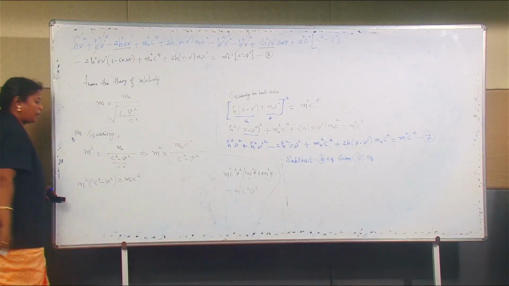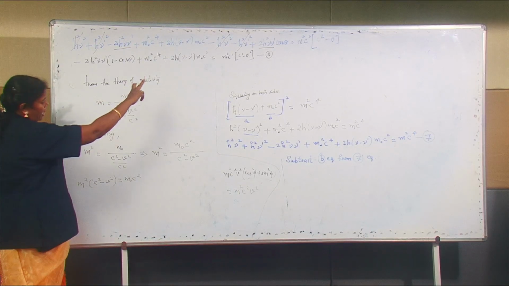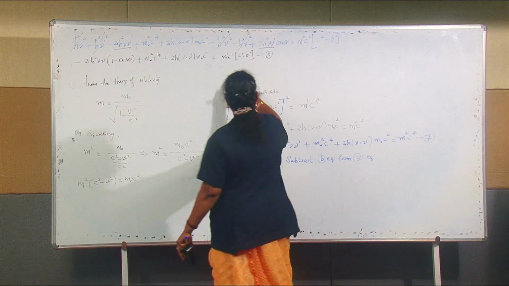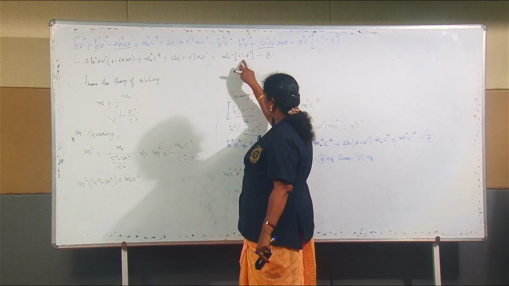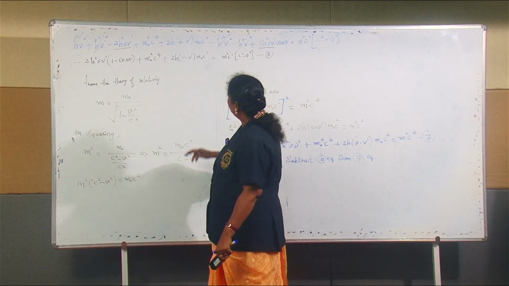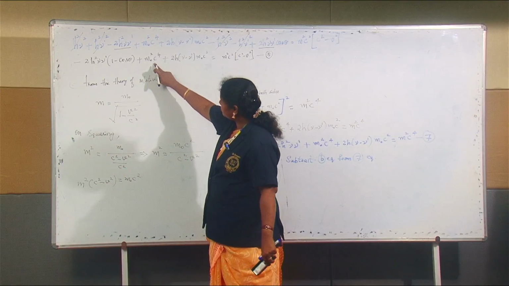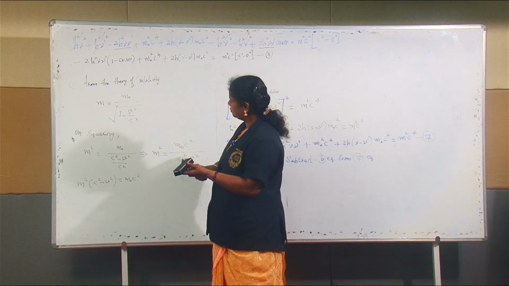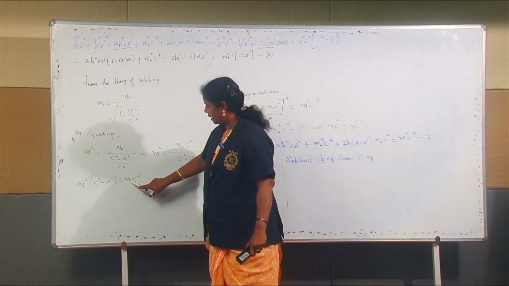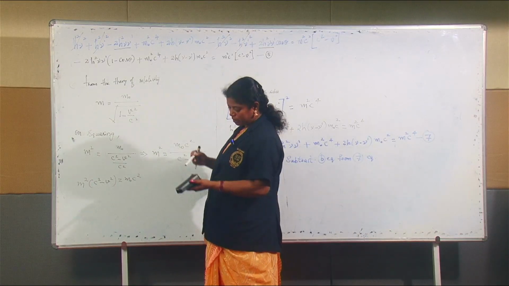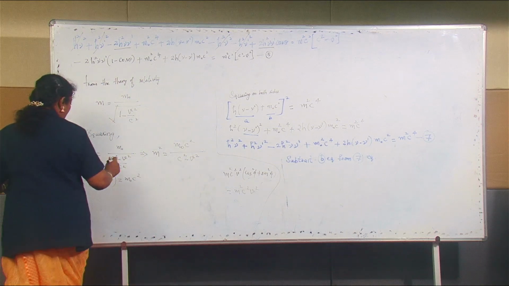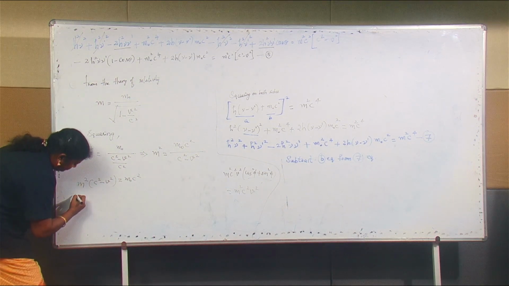m naught c squared. If we compare this 8th equation and this equation, on the right side here it is m squared c squared minus v squared. Here the c squared is missing, one c squared is missing. Similarly, if we look at this term, it is m naught squared c power 4, and here it is only m naught c squared. So on both sides one c squared is missing. To equate this equation, let us multiply c squared on both sides.